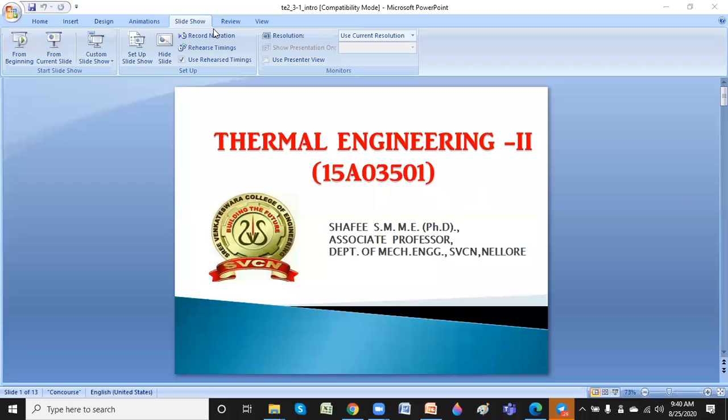Because already you know about the steam tables as part of thermodynamics, but still, as part of your thermal engineering 2 subject, we'll see how we can refer to them, because for a lot of problems on your basic steam cycle, steam nozzles, steam turbines, steam condensers, all these chapters, you need to refer to your steam tables.